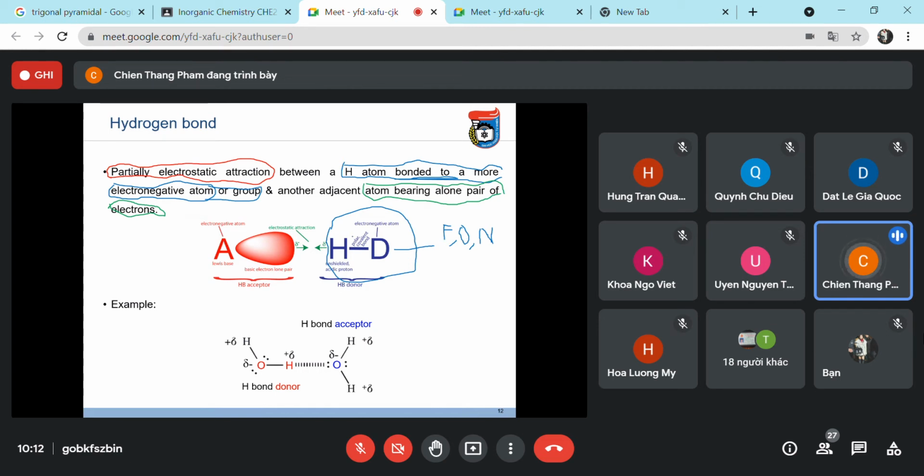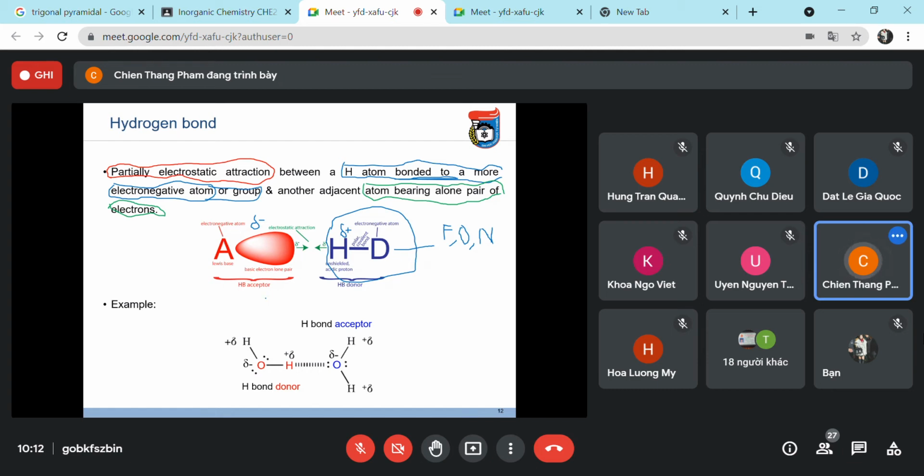In this case, you can see that the hydrogen atom has a partial positive charge, and the electronegative atom contains a partial negative charge. Between the positive and negative charge there is electrostatic attraction. For example, consider the water molecule.